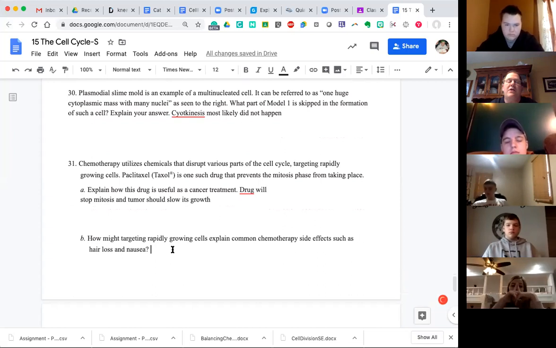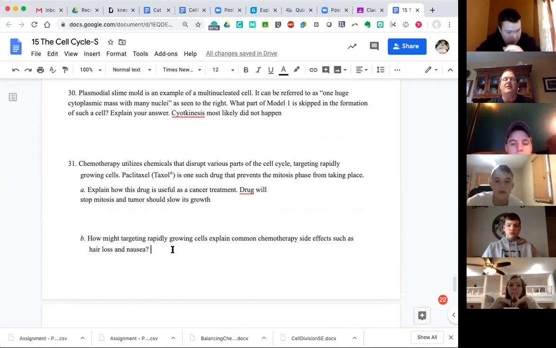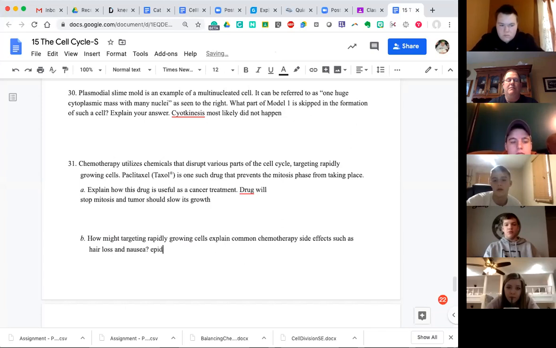How might targeting rapidly growing cells explain common chemotherapy side effects such as hair loss and nausea? Since cells can't grow as fast, your hair grows fast, and so it could destroy that. Yeah, maybe stomach tissue.